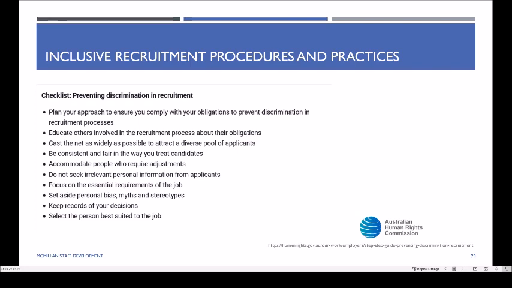So basically, we make sure that we recruit on a merit-based principle. That is, that the best person for the job is selected for the job, regardless of any of those defining characteristics.